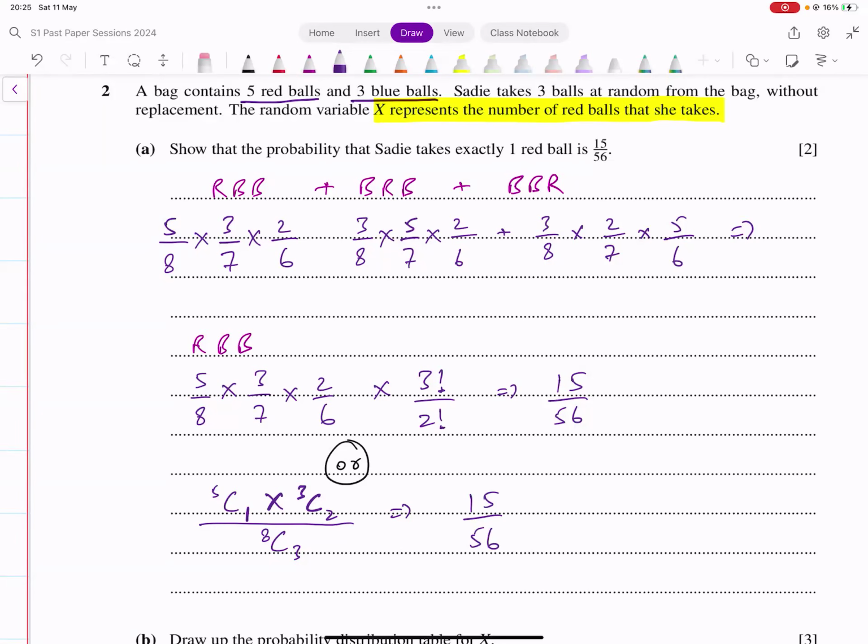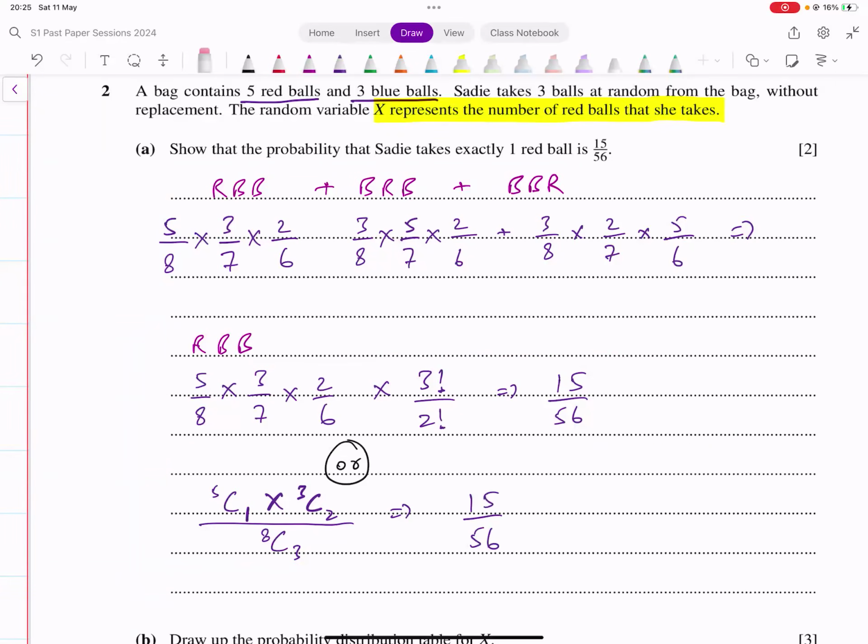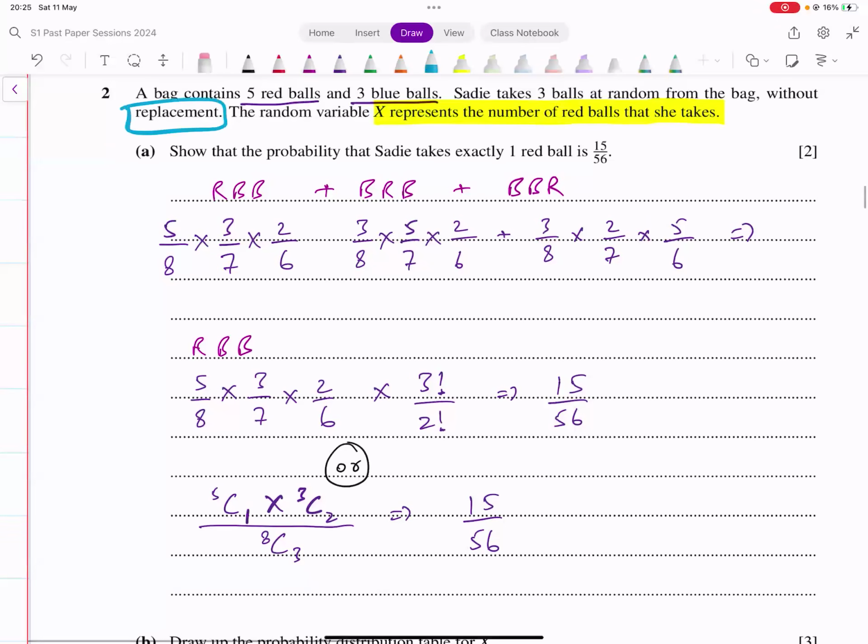Now, the thing is, you have to know both of these methods. The reason for that is sometimes figuring out all of these cases on the tree diagram, it becomes quite complicated. And the combination method makes it much easier. But the combination method cannot always be used. Combination method only works when you have without replacement here.